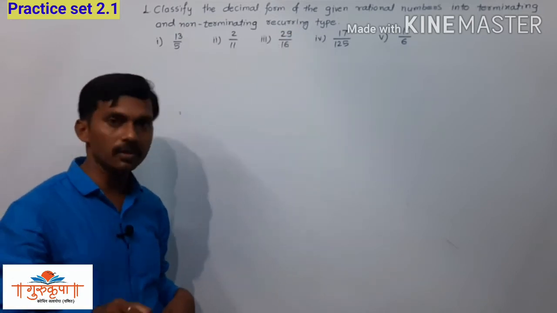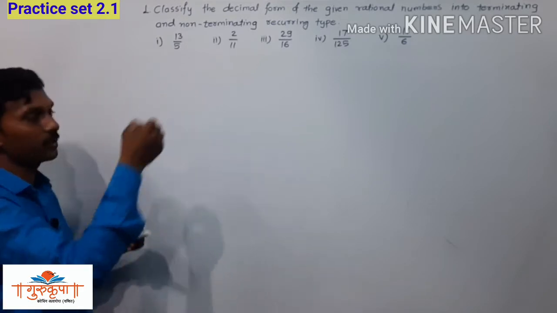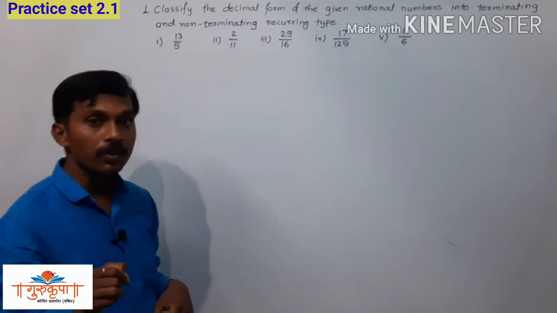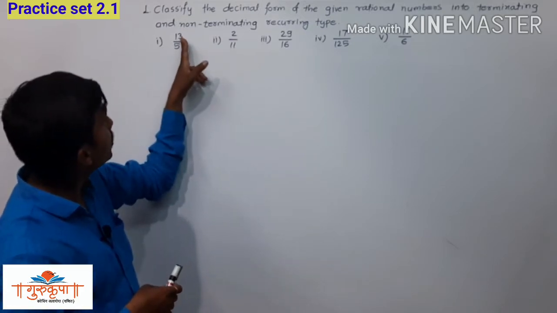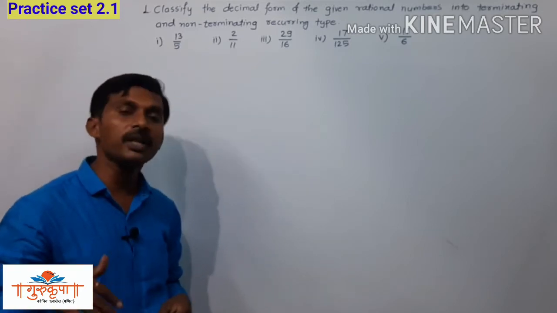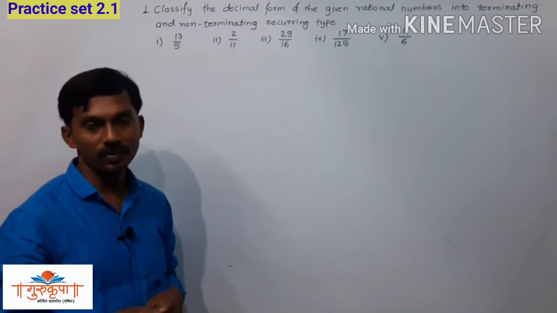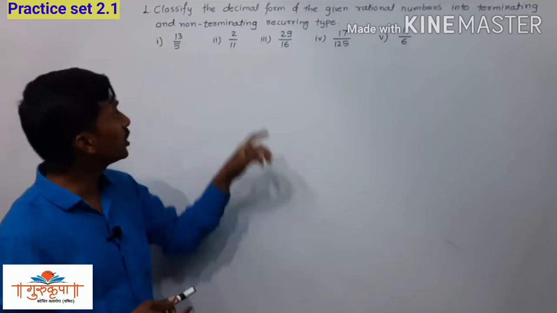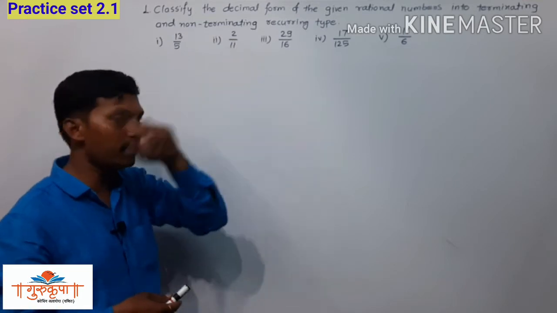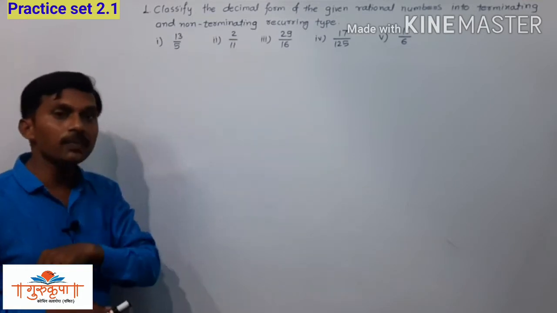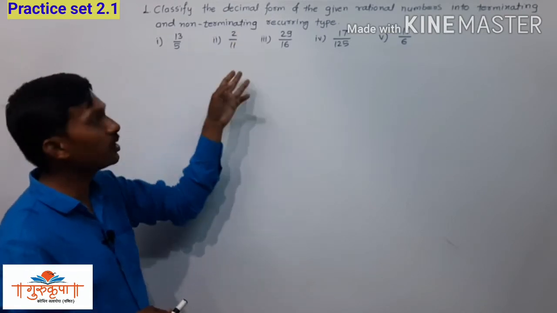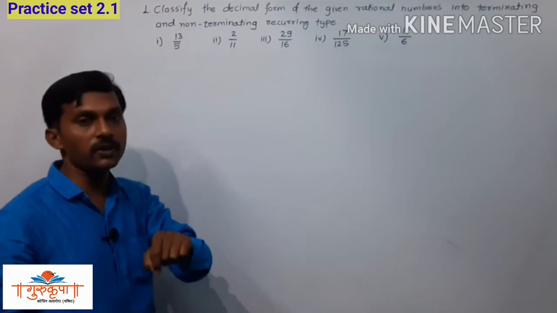But before applying this trick, we have to determine whether the numerator is totally divisible by the denominator or not. First, what we have to observe, whether the numerator is totally divisible by the denominator or not, and then if it is not totally divisible by the denominator, then we have to apply this trick. What is the trick?